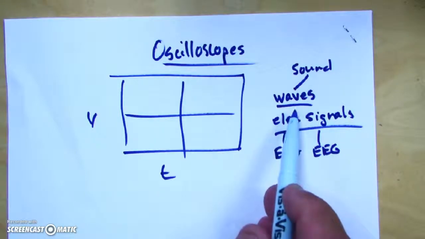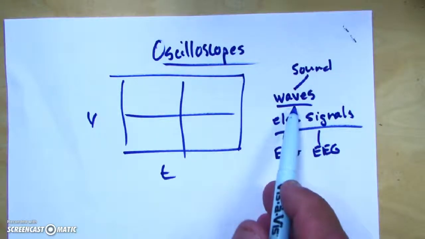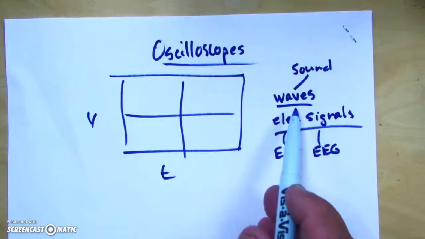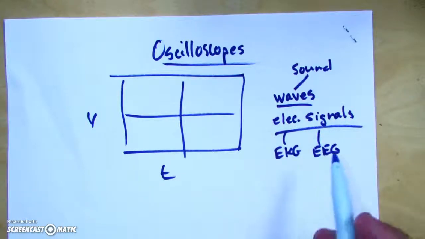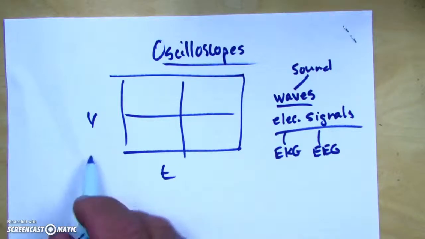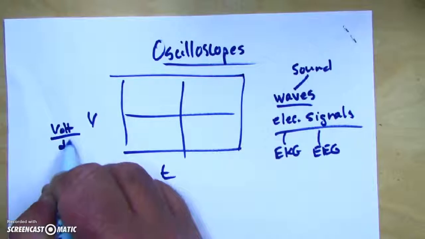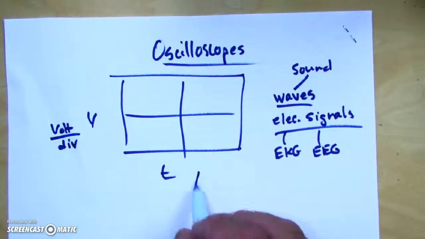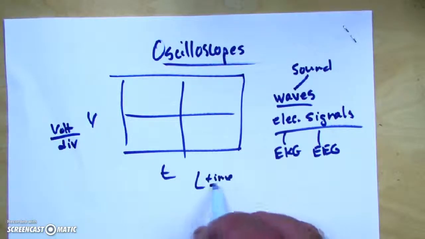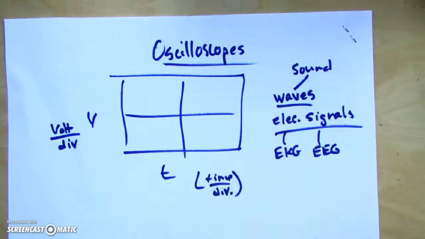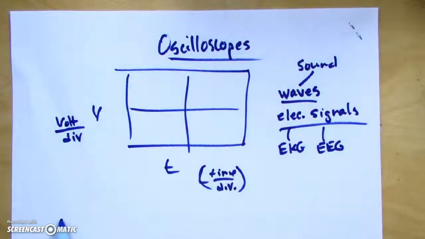I use the talk to text feature on my phone all the time, and it will show you the waves that you are creating as you talk, as they're recorded. So on oscilloscopes, realize on this side you have a volts per division button that helps you. On this one you have a time per division button that helps you. So oscilloscopes again are used to measure sound and waves and signals.